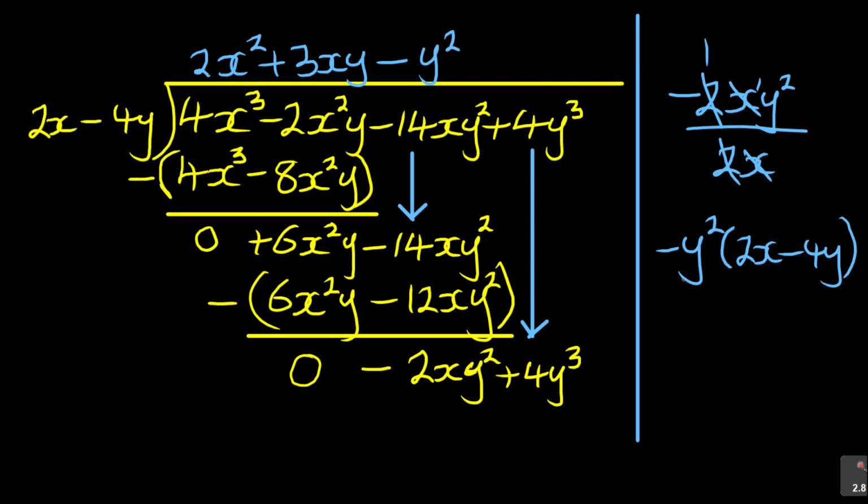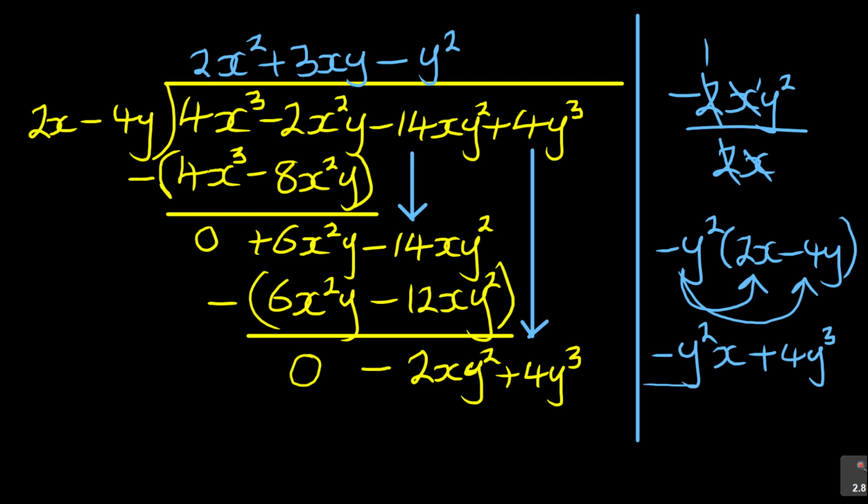Are you with me? Take this multiply, take this multiply. Negative y times 2x is negative y squared x, but it's better to start with x, so that is negative xy squared. Then negative times negative is positive, y squared times 4y is positive 4y cubed.